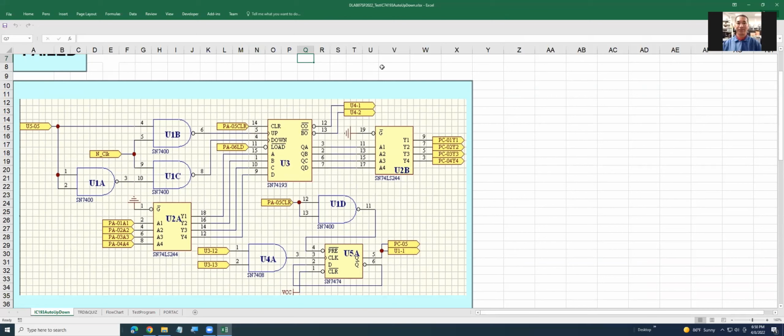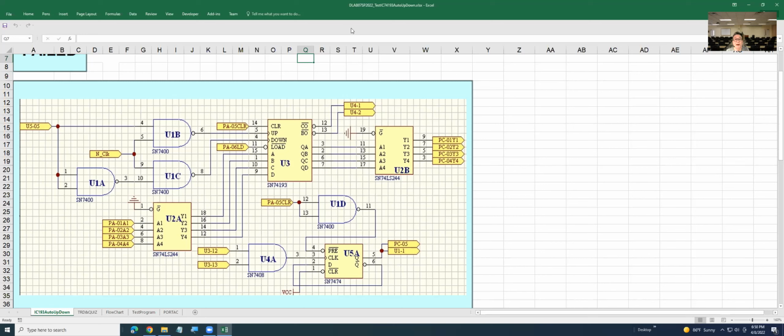Okay, if you're looking at this circuitry here, we're already talking about the 193 that can go up, go down. The way we design the circuitry, that means after they go up, then automatically they will go down. And after they go down, they automatically count up.